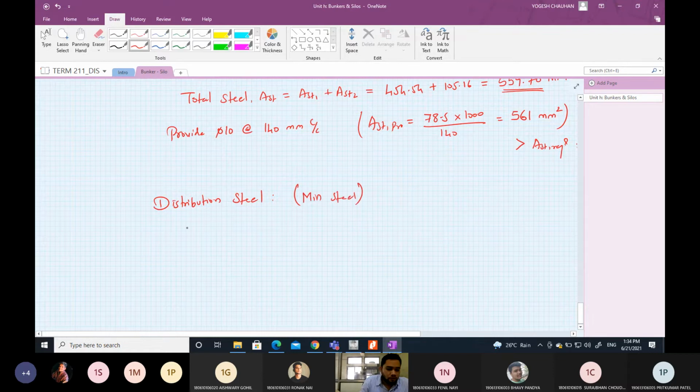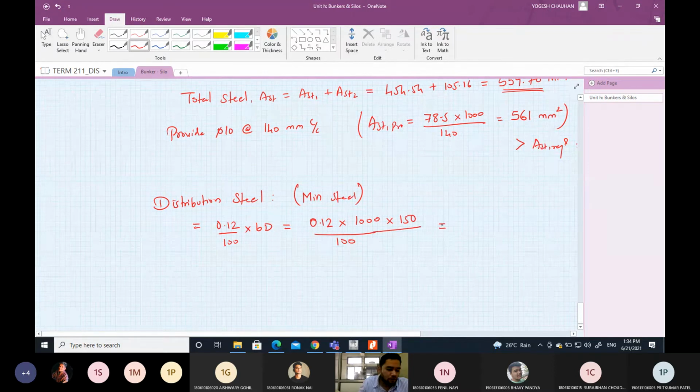The minimum steel for Fe 415 grade is 0.12% of the total cross section, into B into D. The same is used for the slab, so for a slab it is 0.12% of the total cross sectional area for HYSD bar. So 0.12 into 1000, that is 1 meter width, into the overall cross section, 150, divided by 100. This will give you 180 mm square.